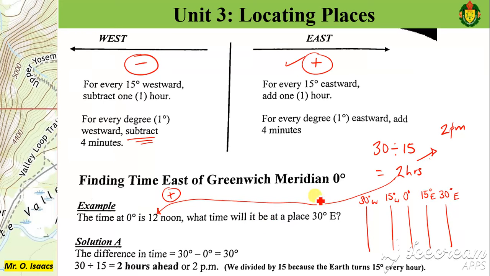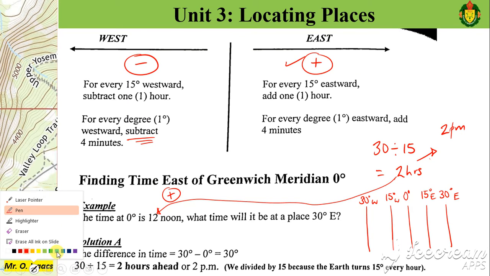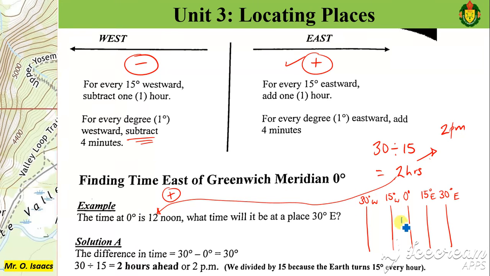And we know that at 0 degrees, it's at what time? It is at 12 o'clock. If it's at 12 noon here, then if we go towards 30 degrees east, you know that you're going to add, going to the east, so you add 1, 2. So this will be 1 p.m., then 2 p.m.